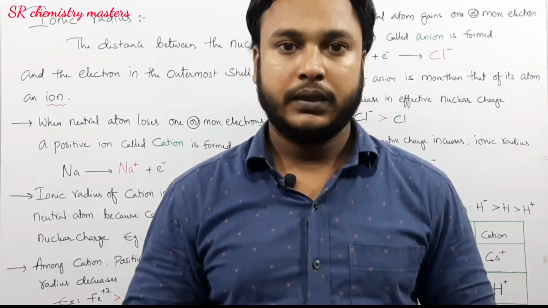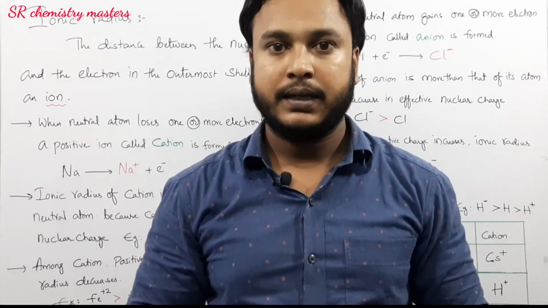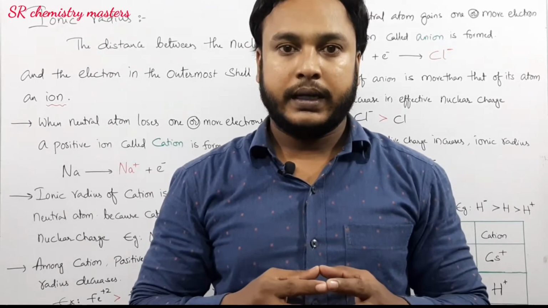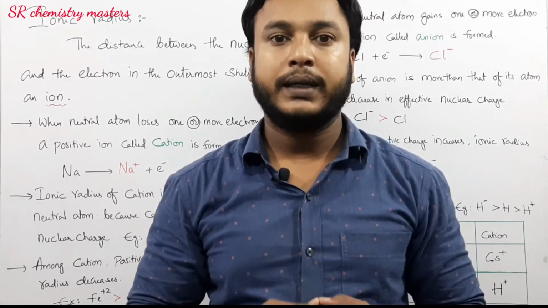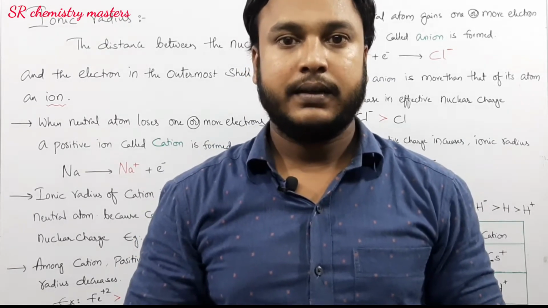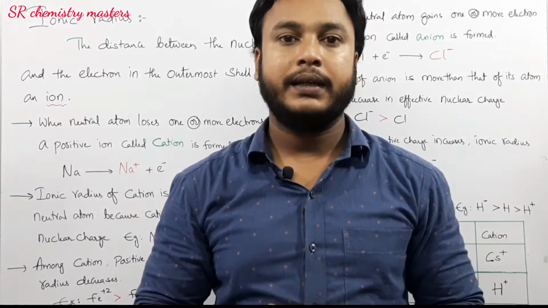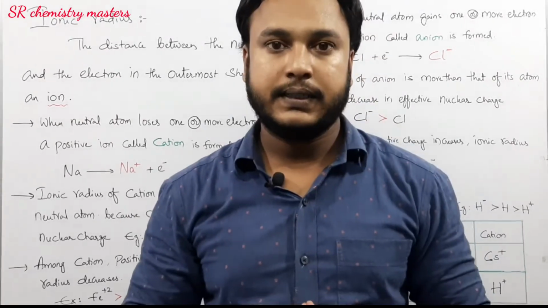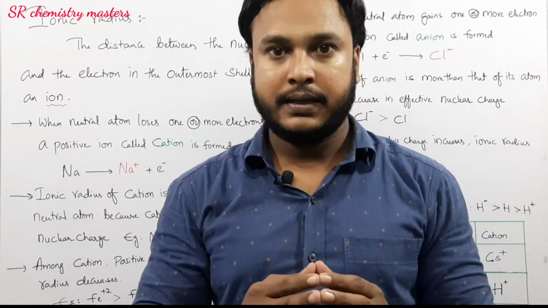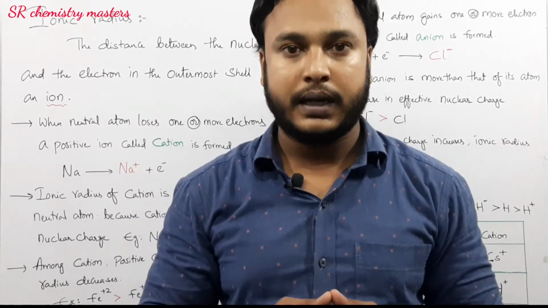That is, when an electron is removed, the number of electrons decreases and the effect of the nucleus on the remaining electrons increases, because of which the ionic radius decreases. As the positive charge increases, ionic radius decreases. This is the reason why the cation has less radius when compared to that of the neutral atom.